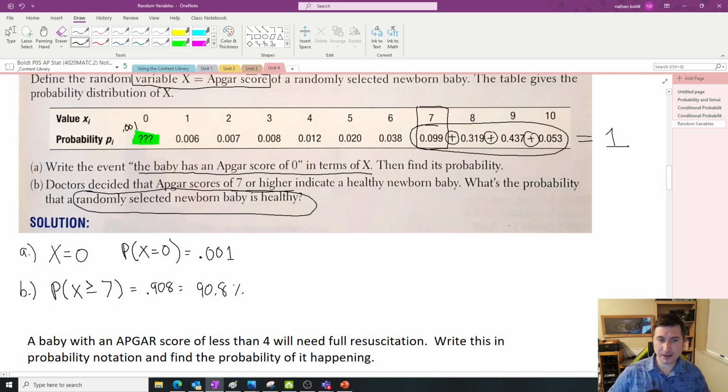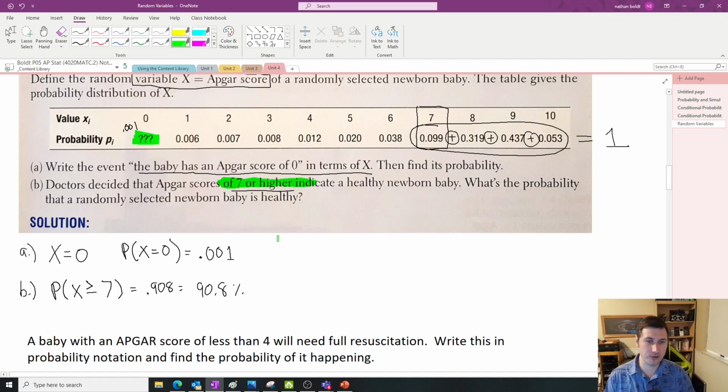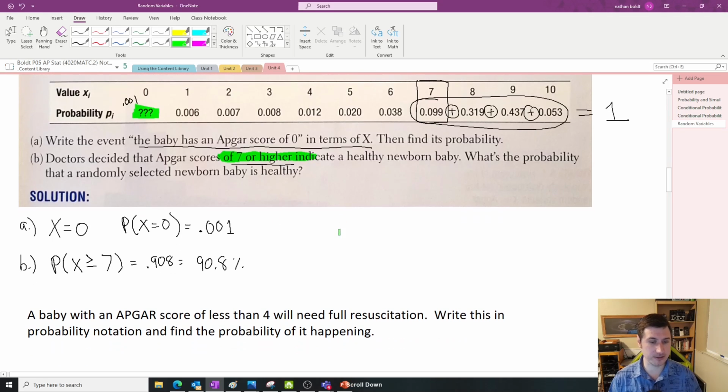The tricky part can sometimes be the fact that they don't always make it super obvious, this part right here. They threw us a bone here and said, we're going to make the first one easy. They said 7 or higher, so they made it very obvious what numbers to add up. It is possible to be a little more obtuse with that and not be quite so obvious.